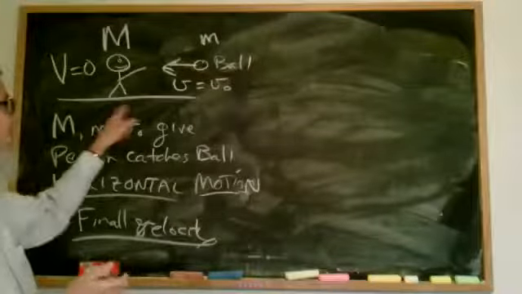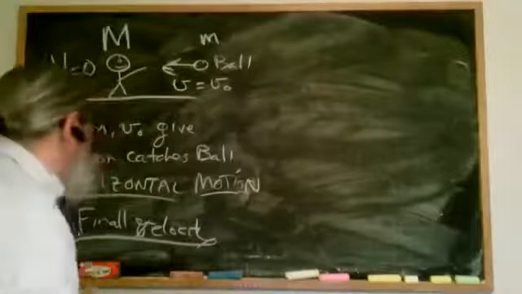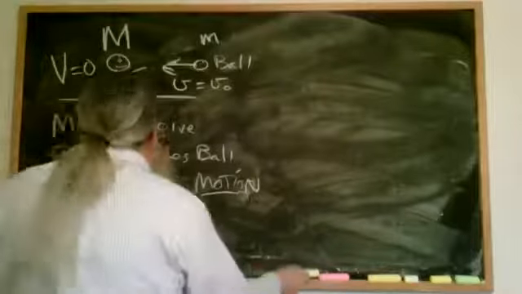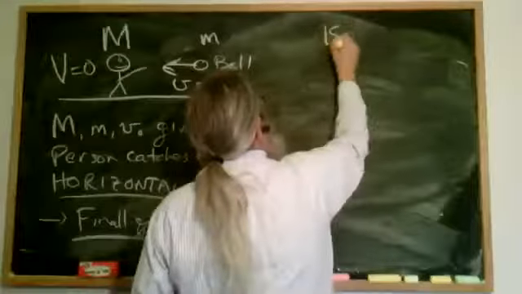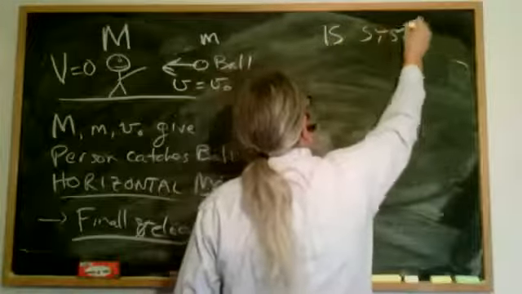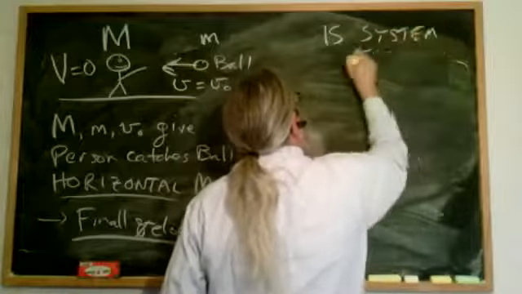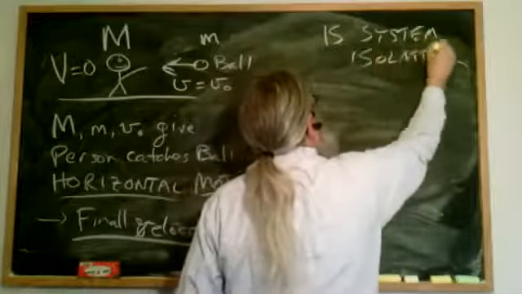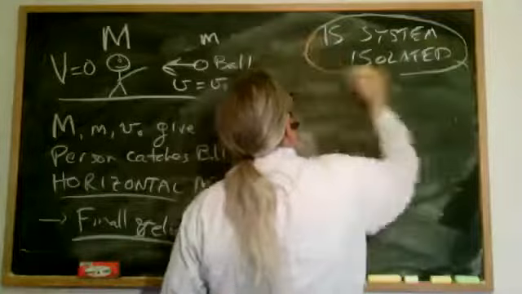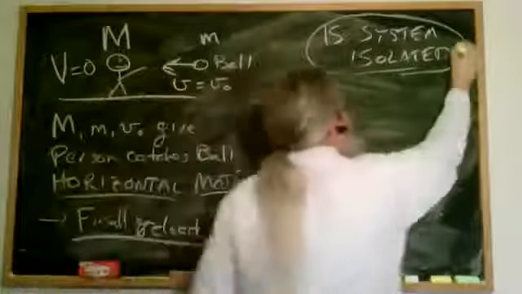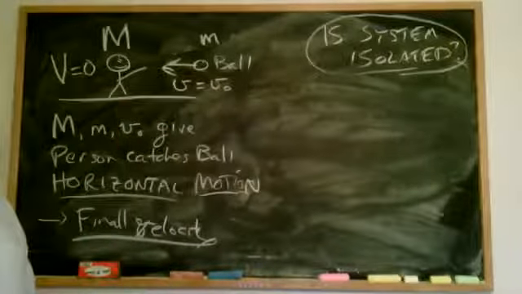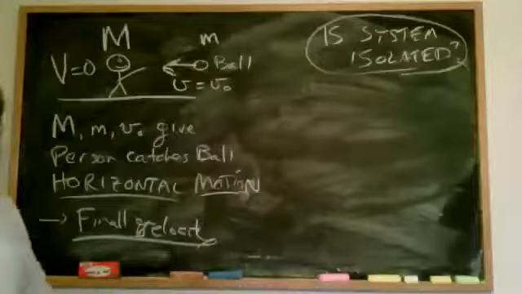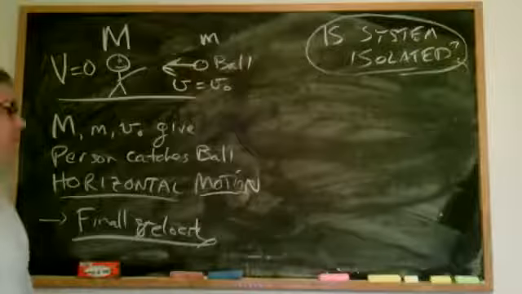Here's the thing. When you're standing on the ground and you're catching a ball, is the system isolated? In other words, if I'm going to apply conservation of momentum, I have to answer this question. If I'm standing on a baseball field and I catch a ball, is that an isolated system?